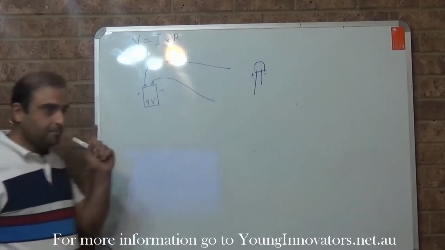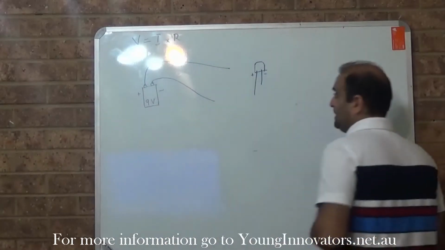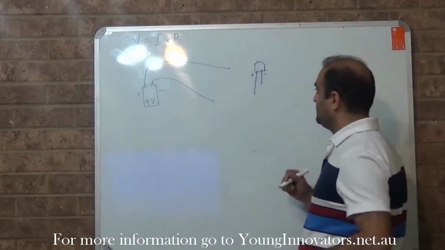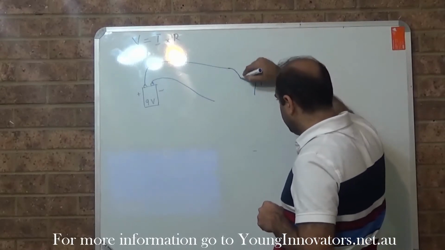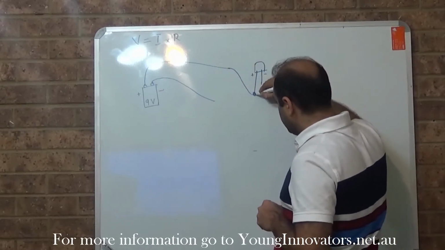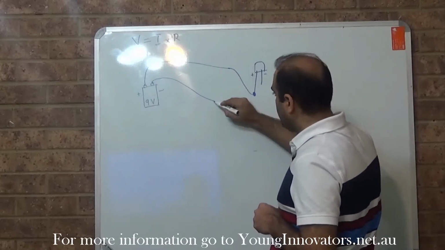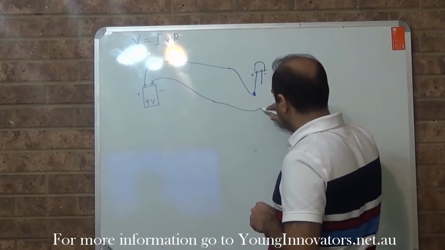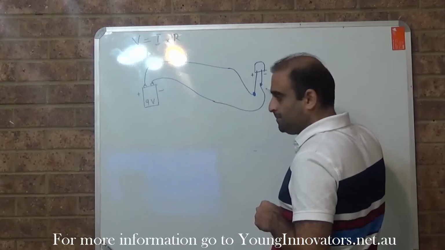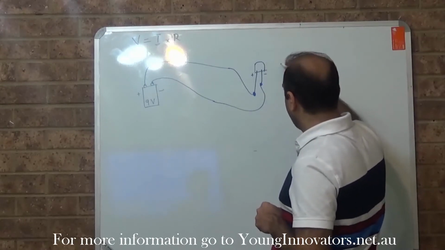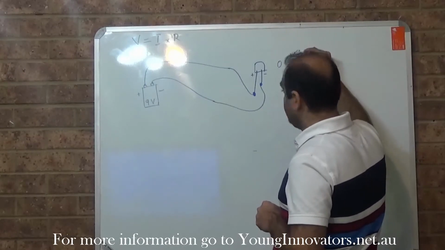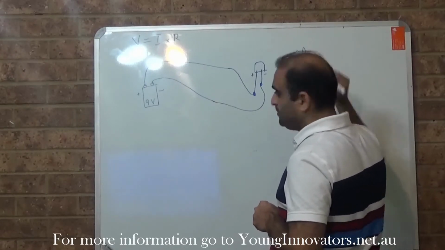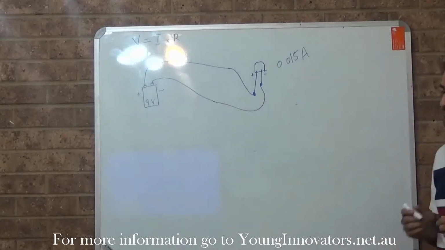Now the test for you guys is: if I connect this positive to the positive here and the negative to the negative here, and remember this was 0.015 amps, what will happen?